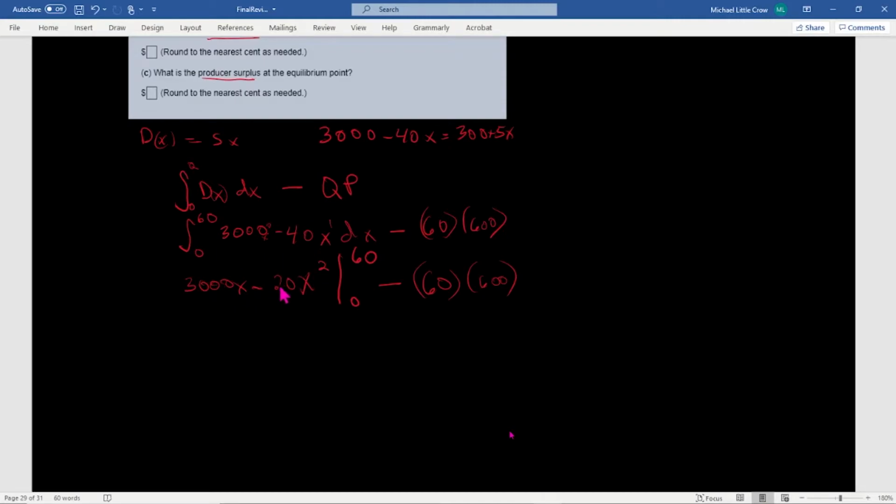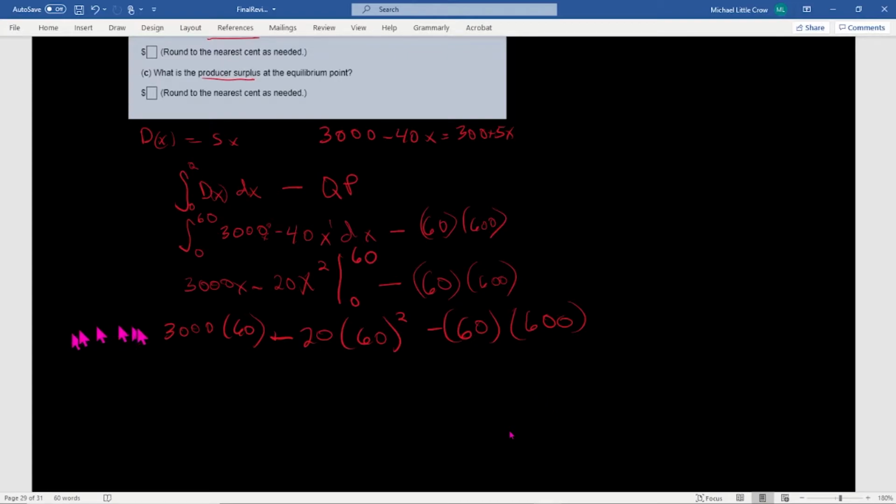So we don't subtract anything off. We just focus on the upper end of our boundary. So we get 3,000 times 60 minus 20 times 60 squared. And then we still have this part back here. This is all we have to calculate. And that will give us the surplus, that's the consumer surplus.